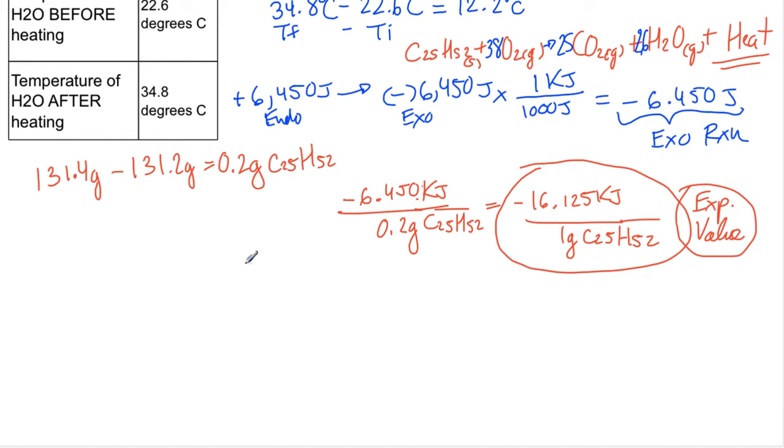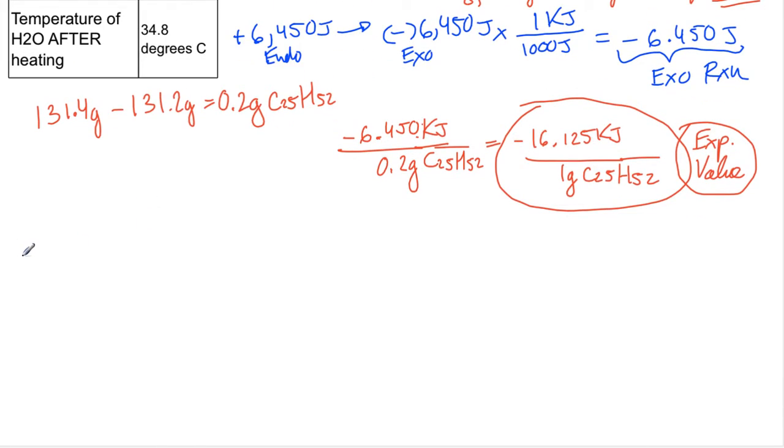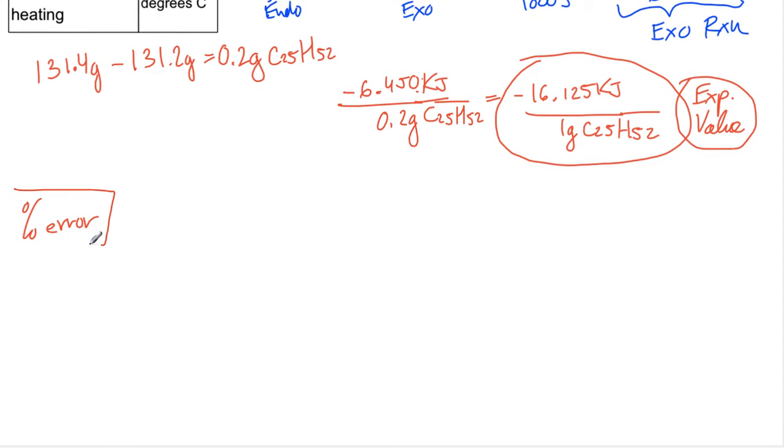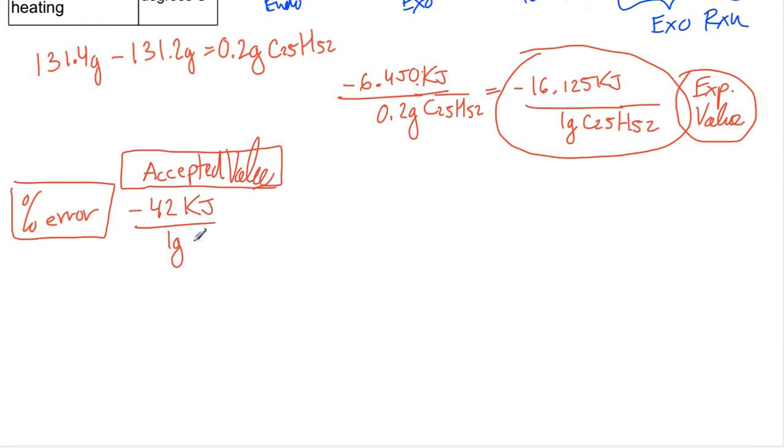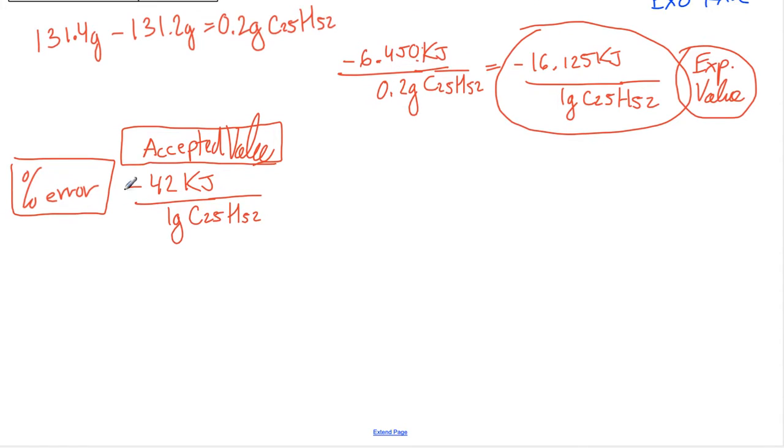If I find the percent error, using the accepted value from the internet, which was negative 42 kilojoules for every 1 gram, this is our accepted value, as I told you earlier. For every 1 gram of C25H52, if I compare those two, I'll take the absolute value difference of this number.